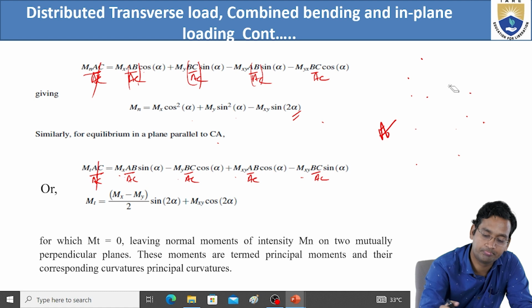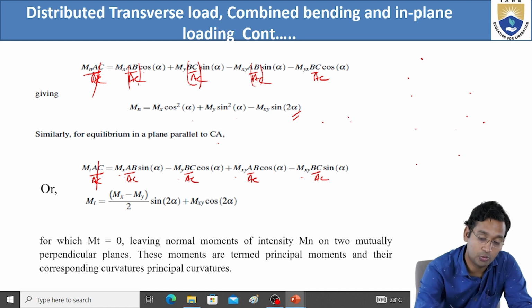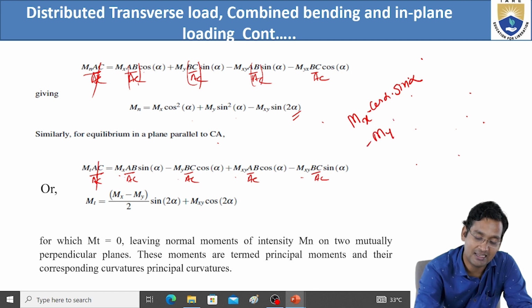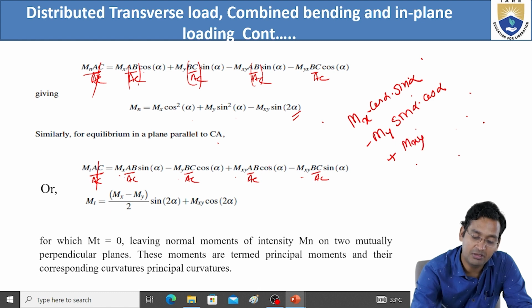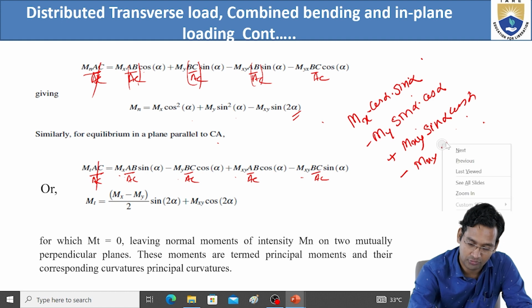So Mx AB by AC is cos alpha into sin alpha, minus My BC by AC is sin alpha, My sin alpha into cos alpha, plus Mxy AB by AC, which is again cos alpha, minus Mxy BC by AC. BC by AC is what? Sin alpha. So cos alpha into sin alpha.